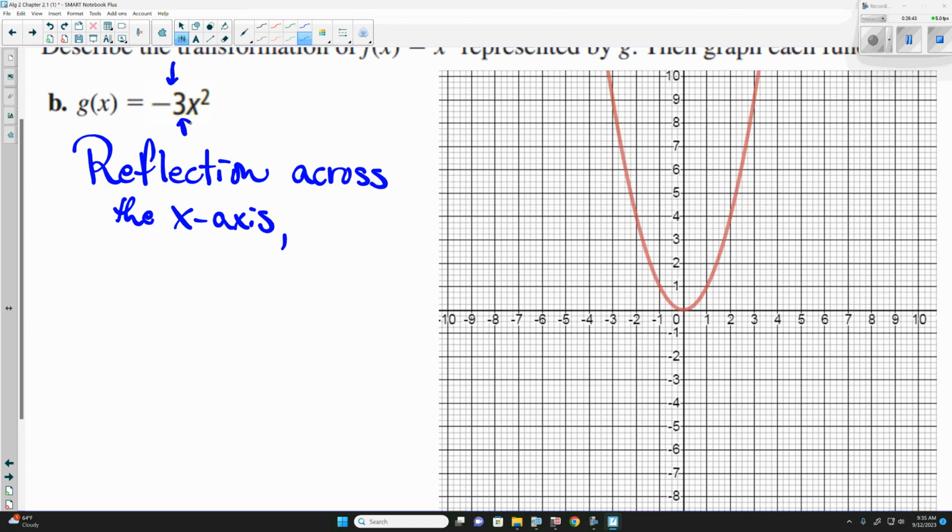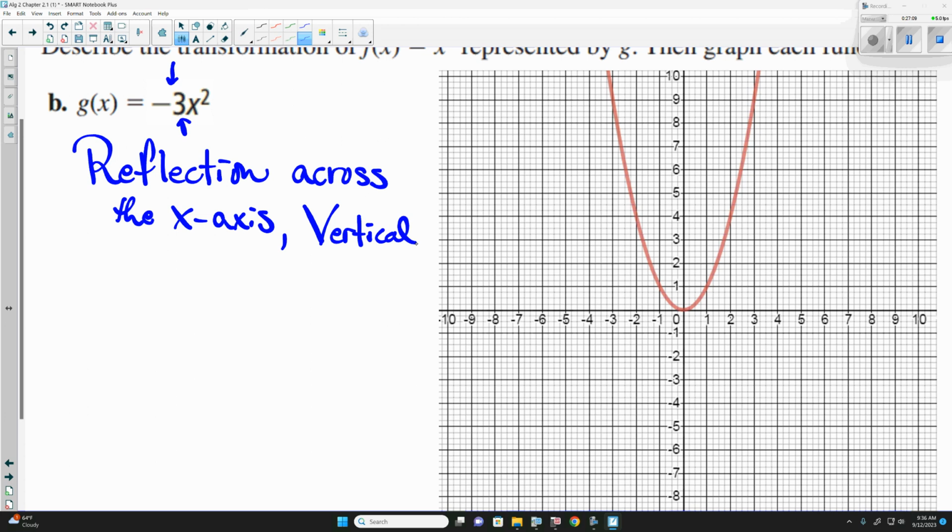Now the next thing we have is the 3. This would be a vertical, what? That is the question. Would it be a stretch or shrink? The negative doesn't matter. We're talking about the number because the negative is only attached to the reflection.